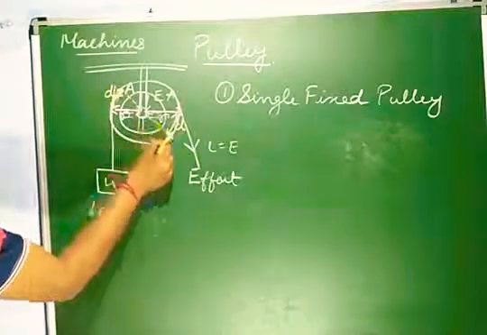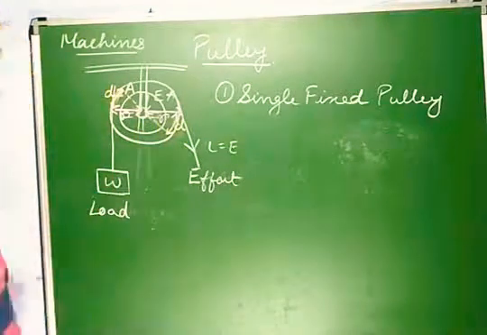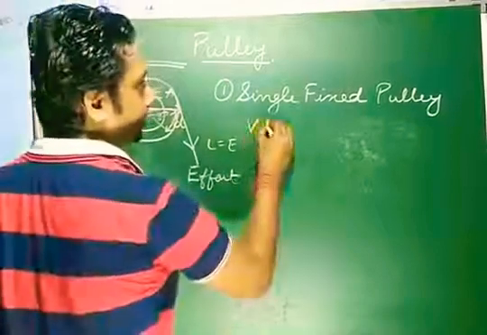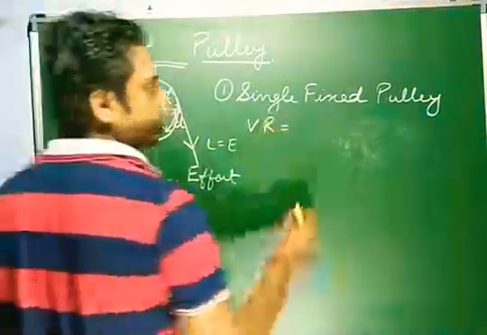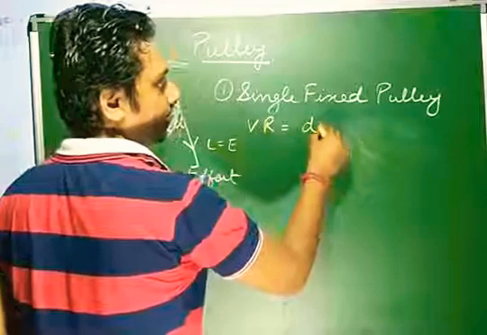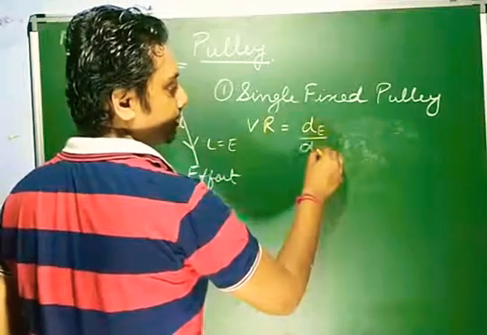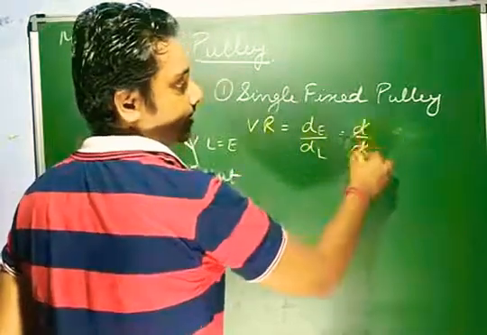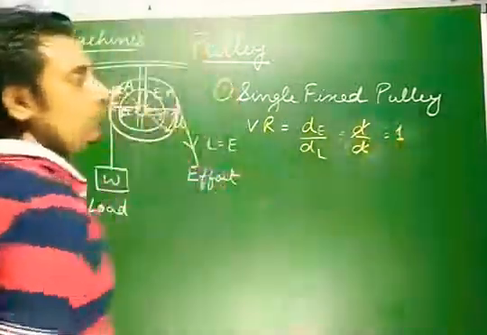So the distance moved by effort and by load are equal. Velocity ratio is the distance moved by effort divided by the distance moved by load, and since both are the same, D by D is 1.